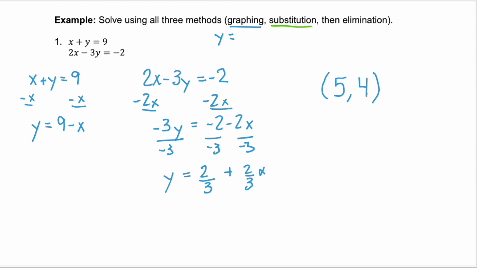Now let's look at substitution. Substitution is where you solve one equation for a variable and you substitute it into the other equation. I'm going to use this first equation that we solved, y equals 9 minus x, and we're going to substitute it into our second equation.